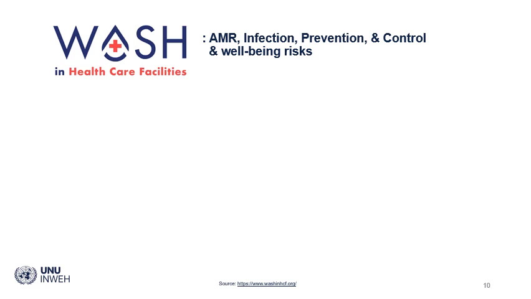The lack of universal safe WASH in healthcare facilities critically impacts the health of the wider population and the safety and well-being of healthcare workers on the front line of delivery.